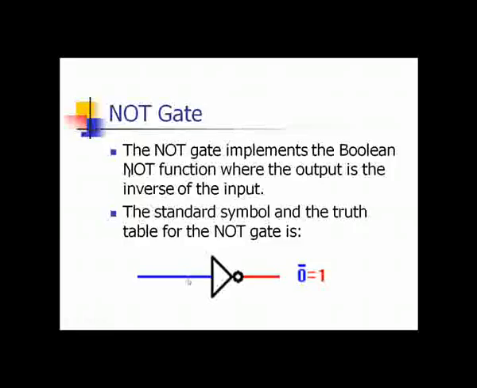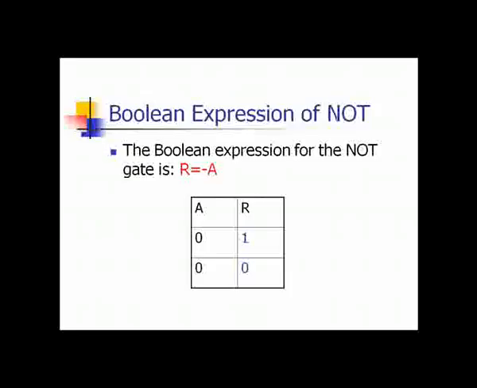Now let us derive some other gates using the knowledge of these three basic gates. Among them, the first one is the NAND gate. NAND gate is nothing but a combination of AND gate followed by the NOT gate.